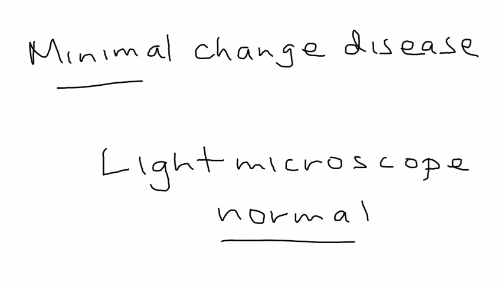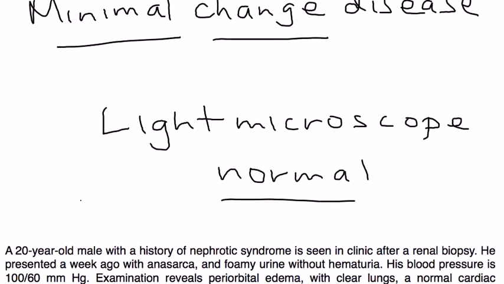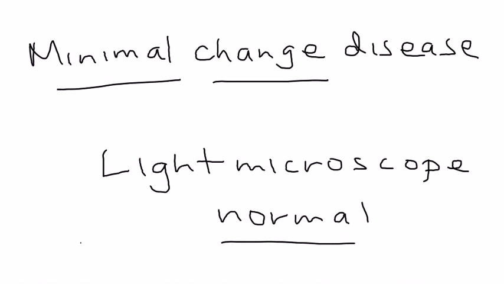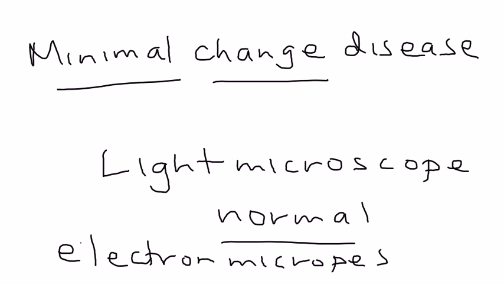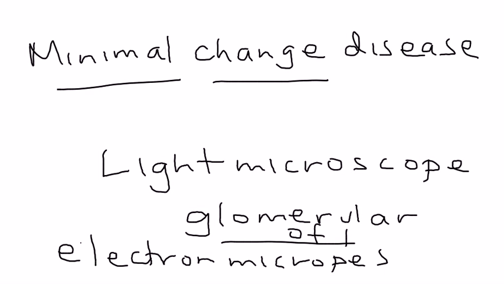So that's why it's called minimal change. Later on, when they developed electron microscopes, then they were able to spot the pathology, which basically involves the glomerulus of the kidney.